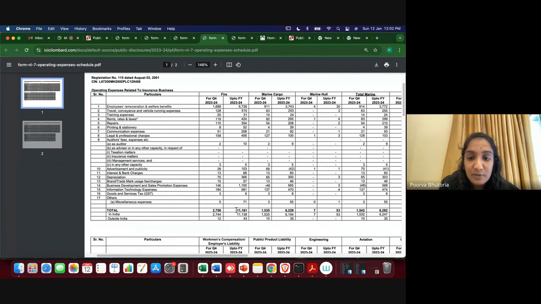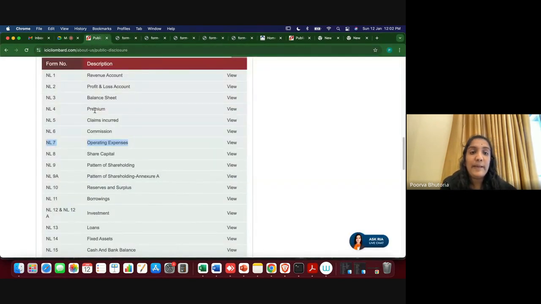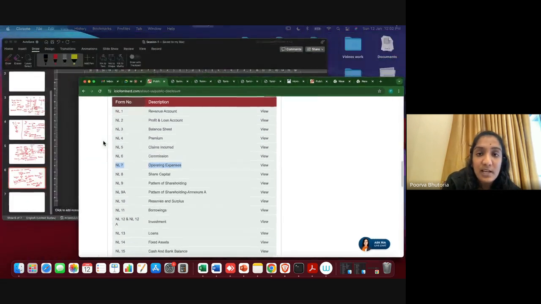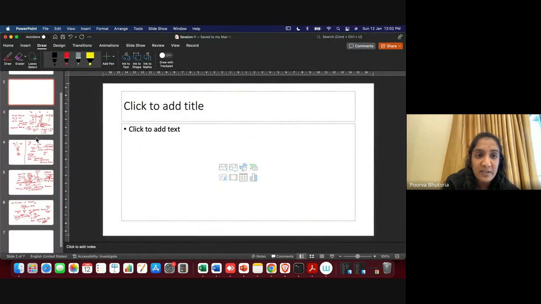So that is the figure that comes here. So that is your total expenses, which can be found in NL7. So 4 NLs that we have discussed today: premium, claims incurred, commission, and operating expense. These are the 4 NLs that you can go through before you appear for any interview.